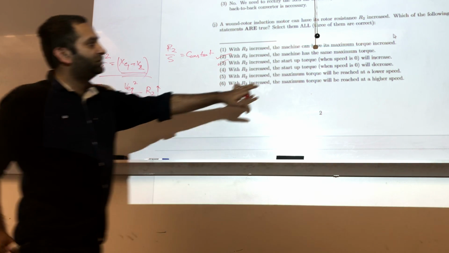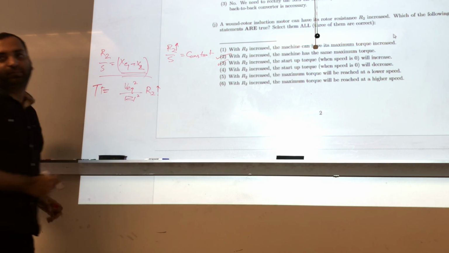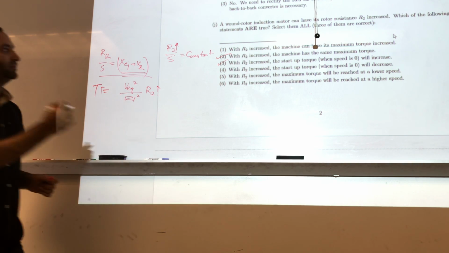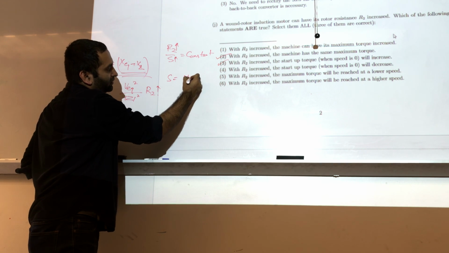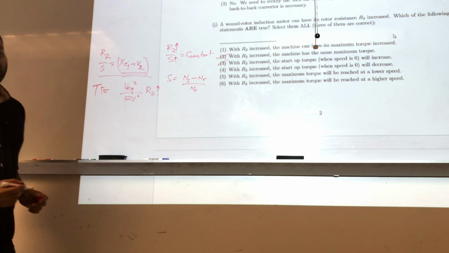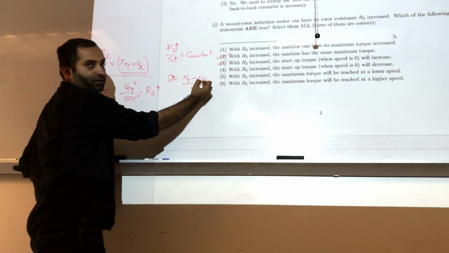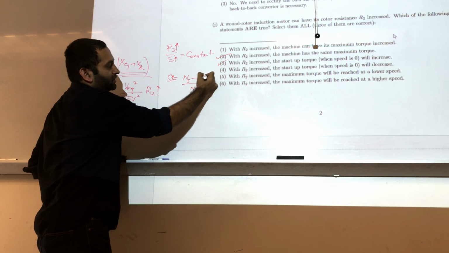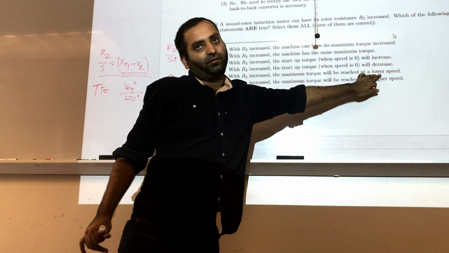But the question says R2 increases. So if R2 increases, what should the slip be? It increases. Slip is Ns minus Nr over Ns. If slip increases and Ns is constant, what happens to Nr? It decreases. So it will reach maximum torque at lower speed.